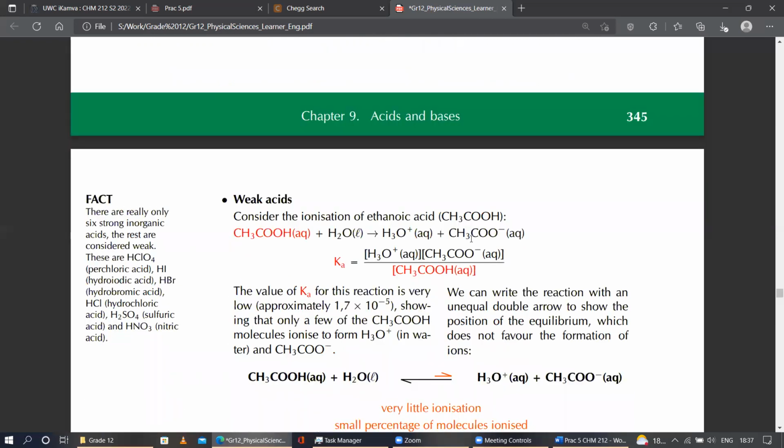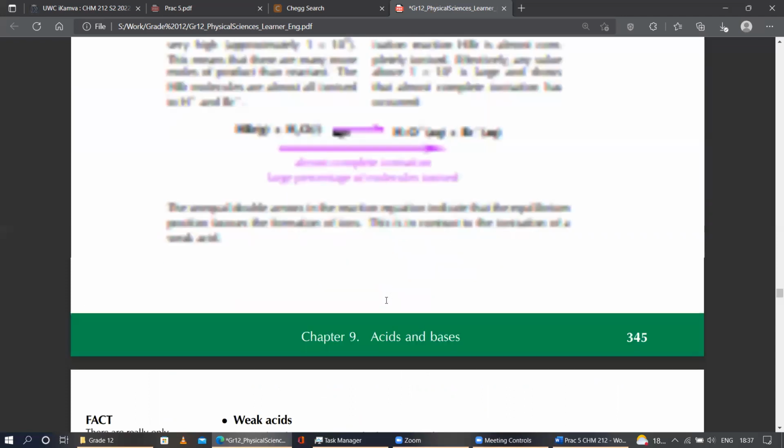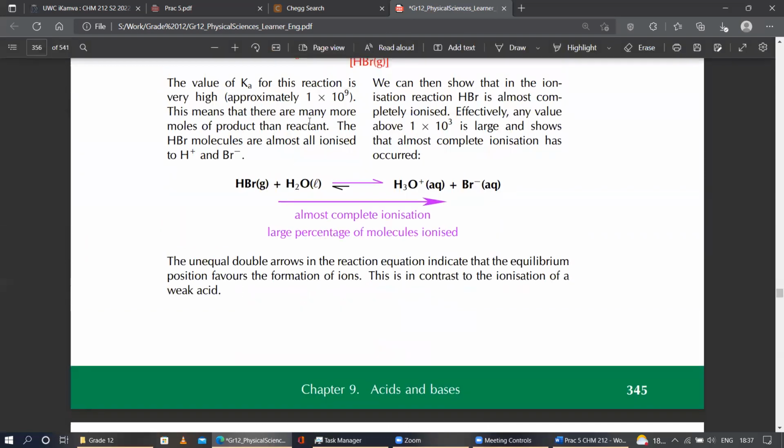When it goes down to decimals, that's when you know that your acid is weak. So here is 10 to the exponent -5, and here is 10 to the exponent 9.